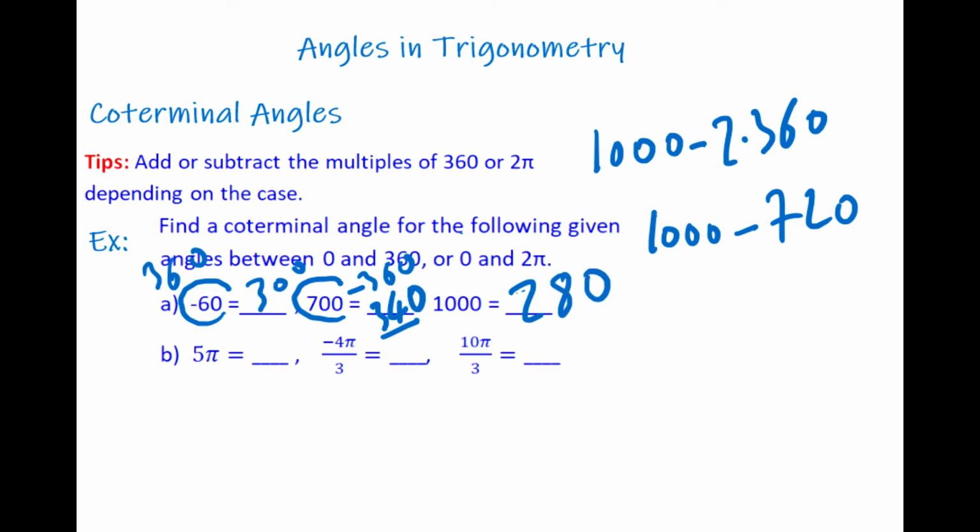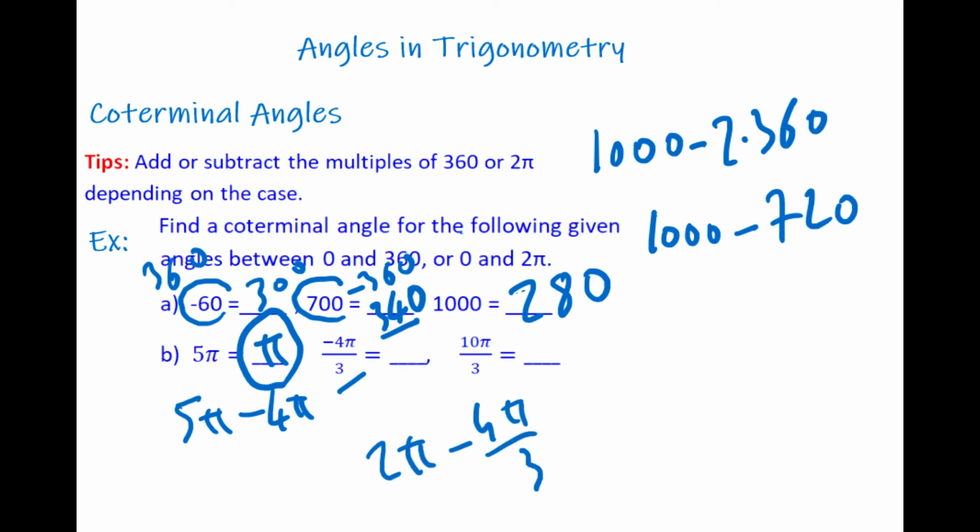And for the radian, we will subtract the multiples of 2 pi. From here, 5 pi minus 2 times 2 pi, which is 4 pi, guys. So we're gonna have pi here. So this is equal to actually pi. And here, because it's negative, we will add 2 pi to this one. So we're gonna have 2 pi minus 4 pi divided by 3.